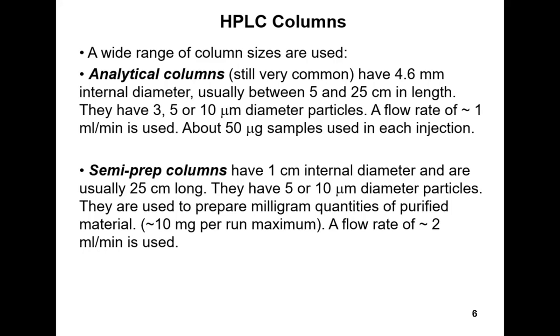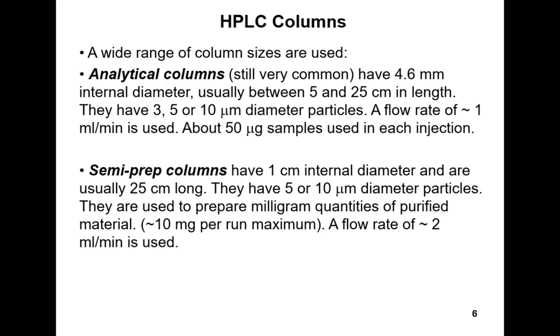It's bigger: 1 centimeter internal diameter, 25 centimeters long. They may have larger particles within, because you've got a much larger amount of stationary phase, a lot of stuff for the mobile phase to get through.